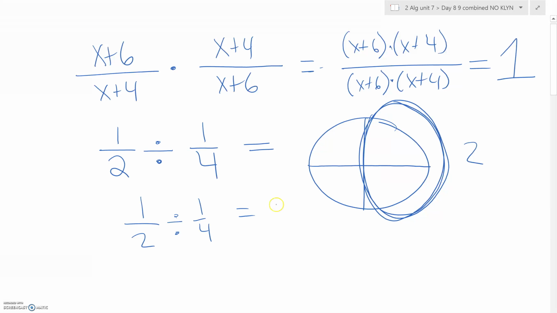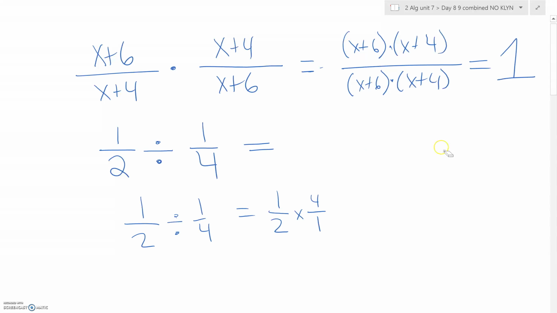What we really did there was we figured out what happened if we took that half and multiplied it by the reciprocal, by the 4/1. We multiplied it by that division of 4 that we used on the circle. And when we multiply, we see that it's 4/2, which is 2.